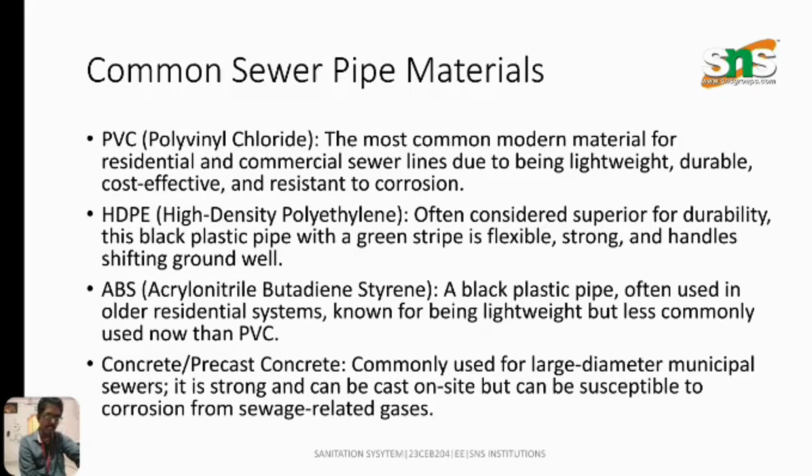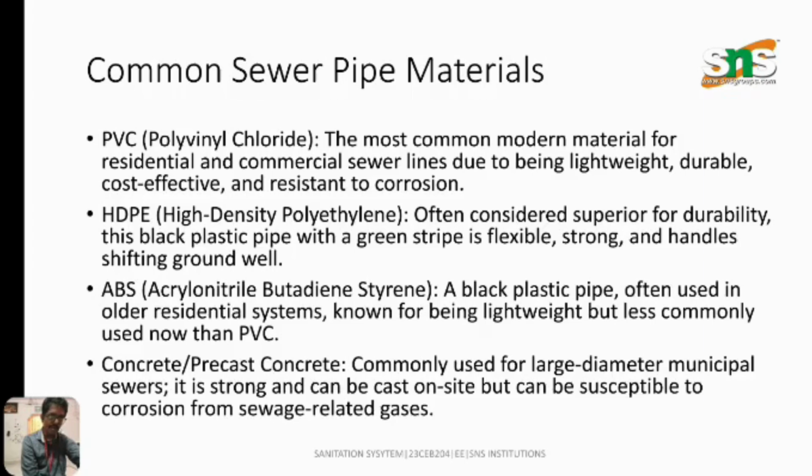PVC is polyvinyl chloride. The most common material used in sewage pipe is PVC. HDPE is high density polyethylene, often considered superior for durability. The black plastic pipe with the green stripe is flexible. Acrylonitrile butadiene styrene is a black plastic pipe often used in older residential systems, known for being lightweight but less commonly used than PVC.